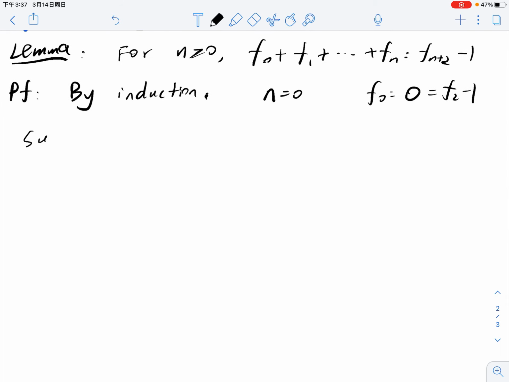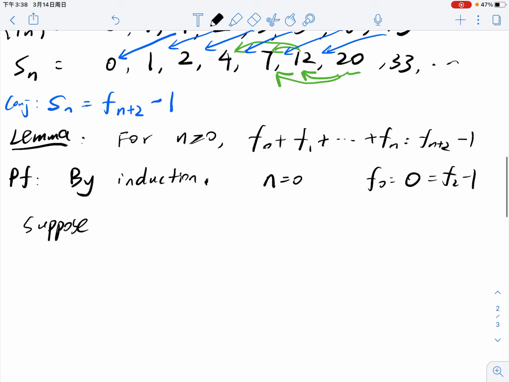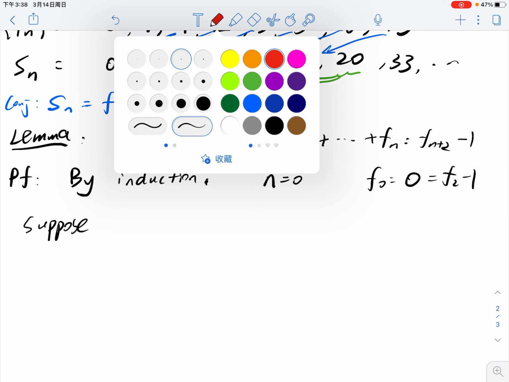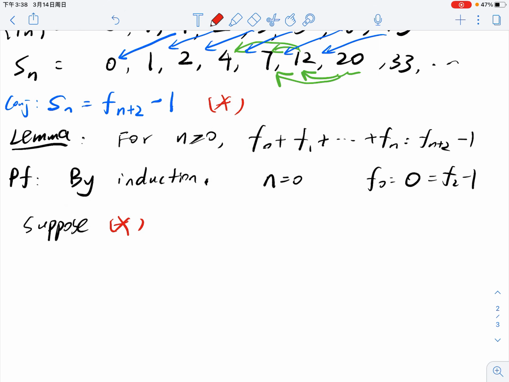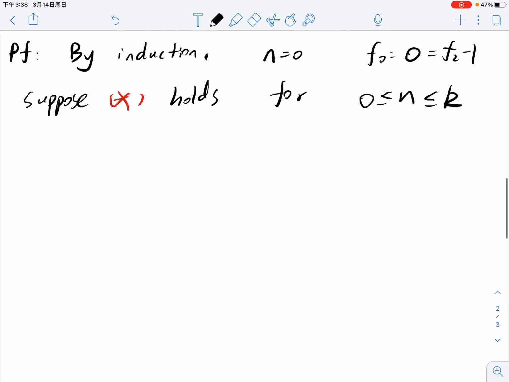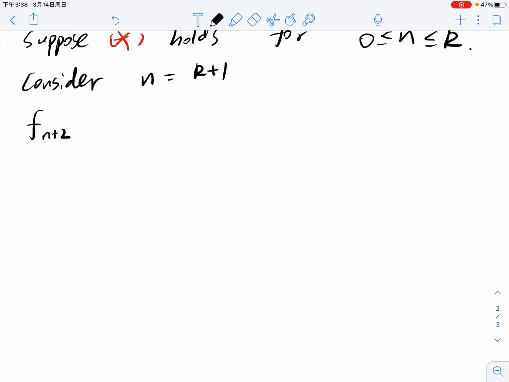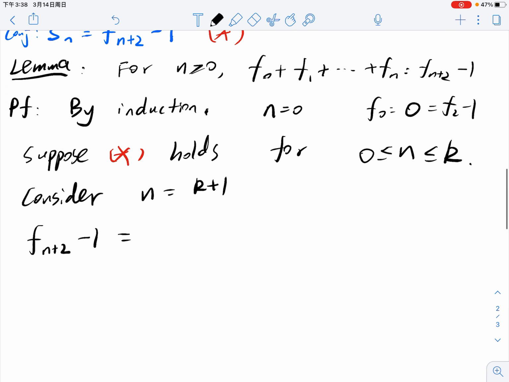And now suppose, let's call this star. Suppose star holds for all m greater than 0 and less than or equal to k. Consider the case when n is k plus 1. Then what we have is F(n+2) minus 1. So let's call this the right-hand side.